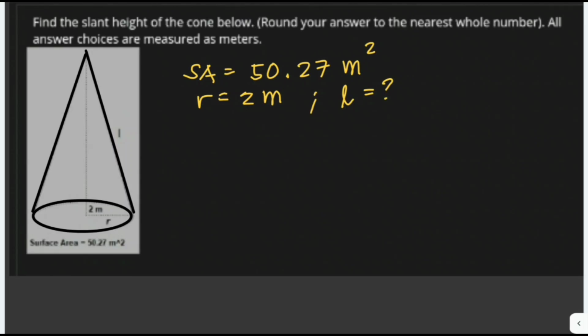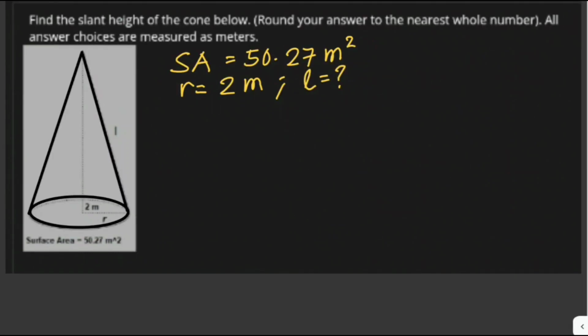Now to solve for the slant height, we use the formula for the surface area of the cone, and then we just plug in the given values. So the surface area is just equal to the area of the base, which is pi r squared, plus the lateral surface area of the cone, which is pi times the radius times the slant height, which in this case is given as L. Then we plug in all the values given.